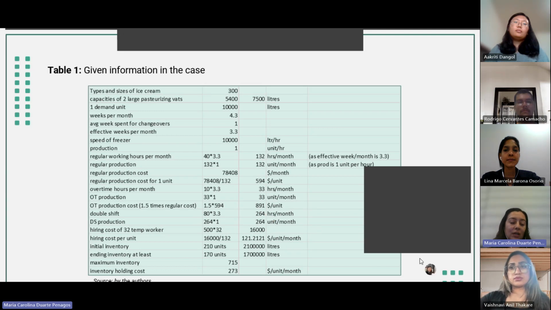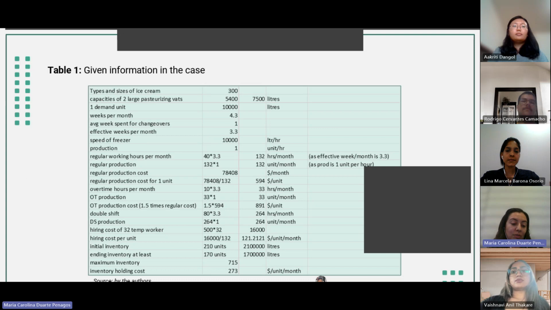And also we have to calculate the hours for the double shift: 40 hours times 2 is 80 hours, times 3.3 effective weeks is 264 hours. Also, we have to keep in mind the hiring cost of 32 temporary workers: 500 per worker times 32 is 16,000.